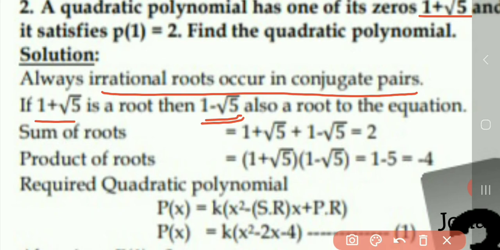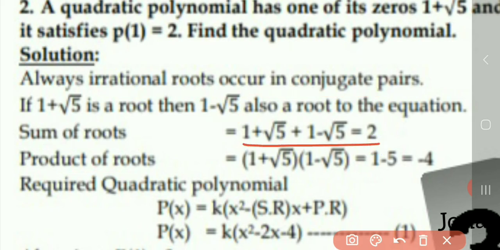From this I want to find sum of the roots and the product of the roots. So sum of the roots equal to 1 plus root 5 plus 1 minus root 5, the sum of two roots. So here I can cancel this root 5 and minus root 5. So answer will be 1 plus 1, 2.